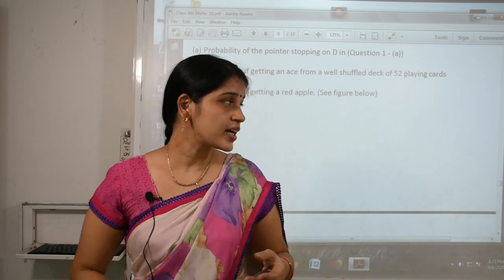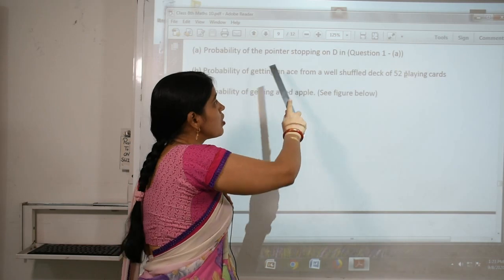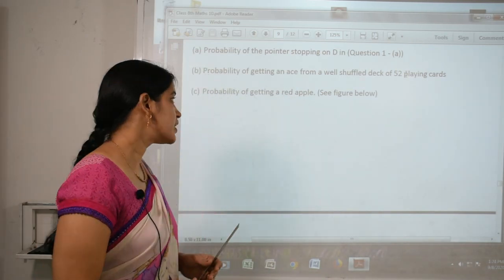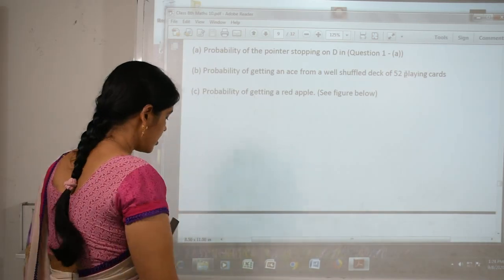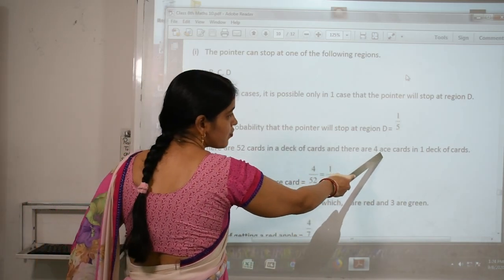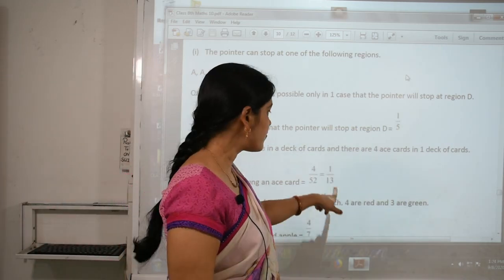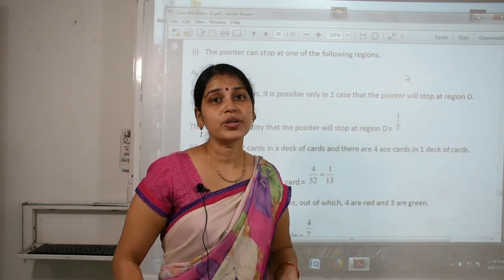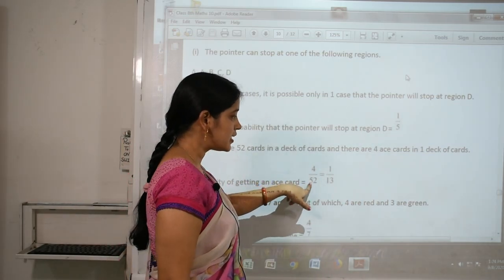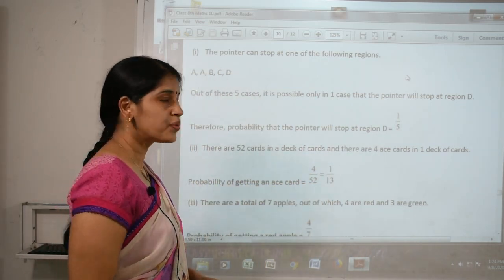Playing cards आप यूज़ करते हैं, टोटल कितने होते हैं? 52. और उसमें से भी आपको क्या पूछा है? नंबर ऑफ एसेस. एस की आपको प्रोबेबिलिटी फाइंड करना है. तो एस कितने होते हैं? देयर आर 4 एसेस आउट ऑफ 52 कार्ड्स. ओके, सो देयर आर 4 एस कार्ड इन वन डेक ऑफ कार्ड. तो प्रोबेबिलिटी क्या होगी उसकी? फेवरेबल आउटकम्स हुआ 4 और टोटल कार्ड्स कितने होते हैं? 52. सो 4 अपॉन 52. नाउ वी कट इट, so we get 1 upon 13. So this 1 upon 13 is the probability.